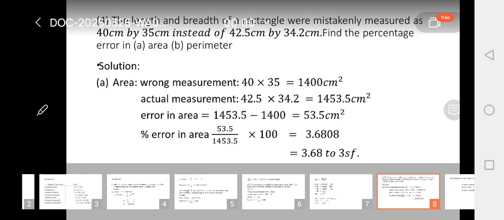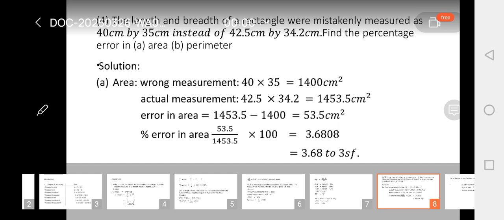Then the actual area, if we were to use the actual measurement, 42.5 times 34.2, will give us 1452.5 cm square. So what is now the error in the area? That is the actual area minus the wrong area, and that will give us 52.5 cm square.